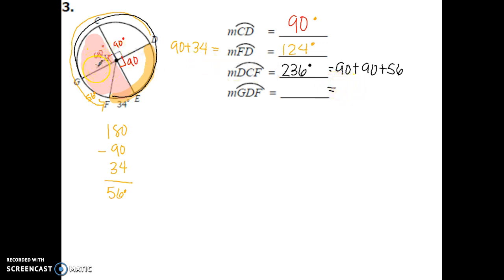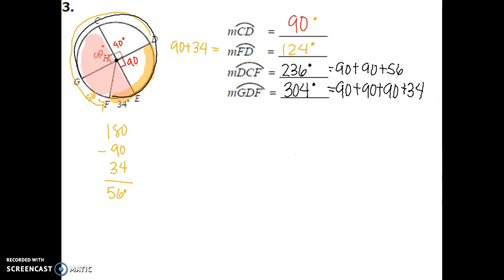So I'm going to say we start here, 90, 90, 90, 34. So 90 plus 90 plus 90 plus 34, and that actually gives us a measure of 304 degrees. Of course, you can subtract them from 360 because we are not required to add this arc of GF. So that is one way to do it as well.